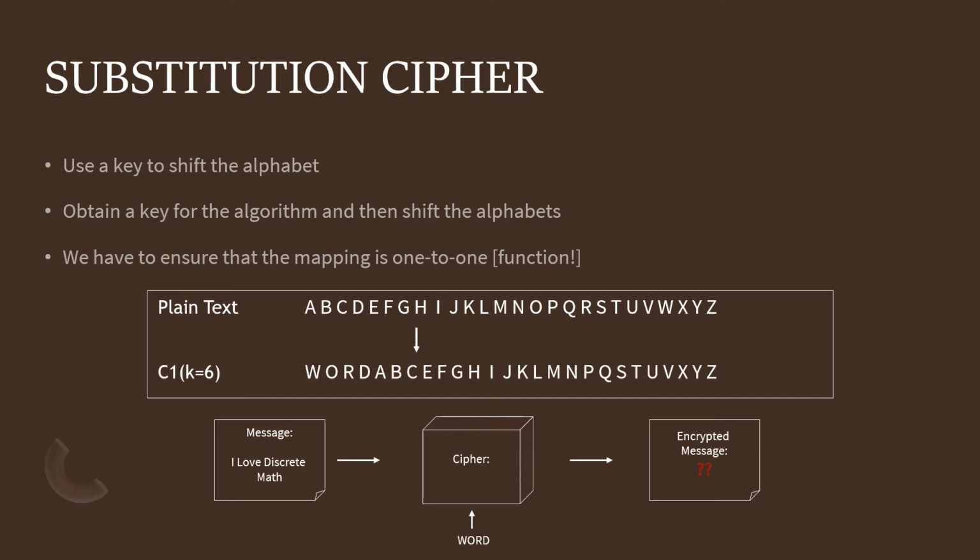So here we can show some example where we remove the 4 letters and then we shift all the alphabet. And here is the interesting part. We have to ensure that the mapping is one-to-one, so we can define the function to use in the algorithm. So no single letter in the plain text can map to different letters in the ciphertext, and no single letter in the ciphertext can map to different letters in the plain text.